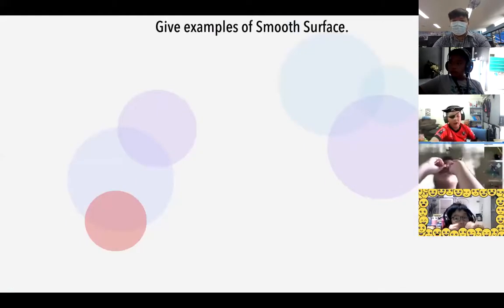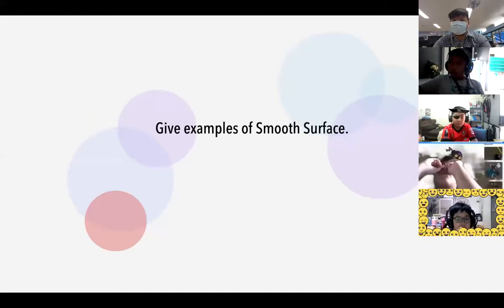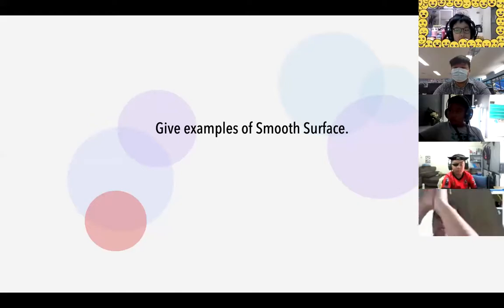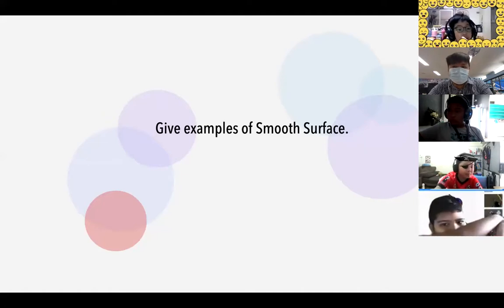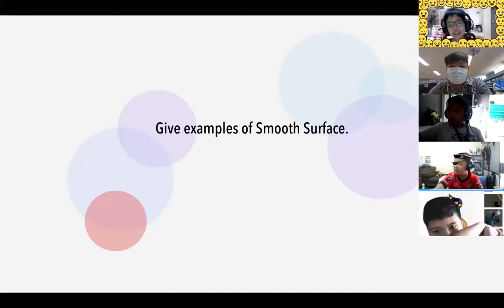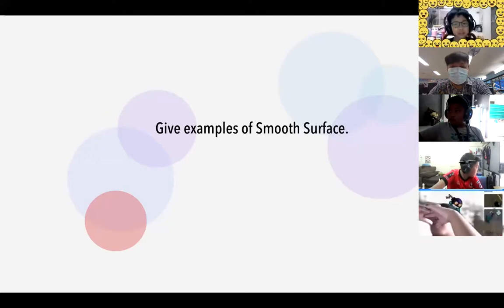Okay, I will be giving you time to think. Give examples of smooth surface. Smooth surface means smooth surface. Okay, so I will be giving you 2 minutes to think. I will be calling you one by one for recitation. Everyone will speak one by one.